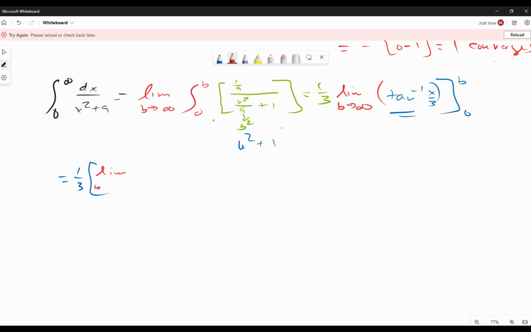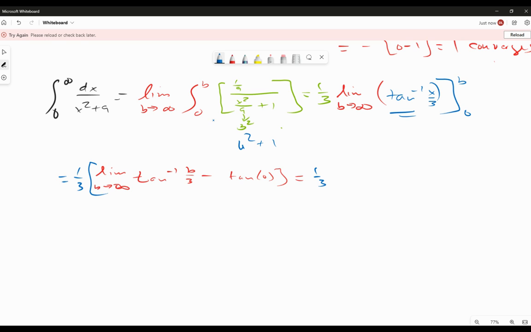The limit as b approaches infinity of, no, it shouldn't be 0 to b anymore, of tangent inverse of b over 3 minus, why did this is infinity. I keep writing 0. I'm getting my brain confused. That should be infinity. Minus the tangent inverse of 0. So we keep our 1/3 outside.